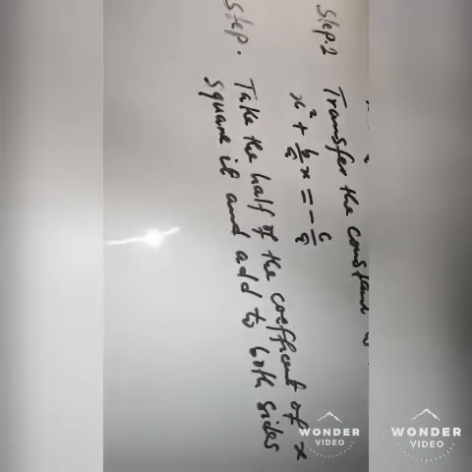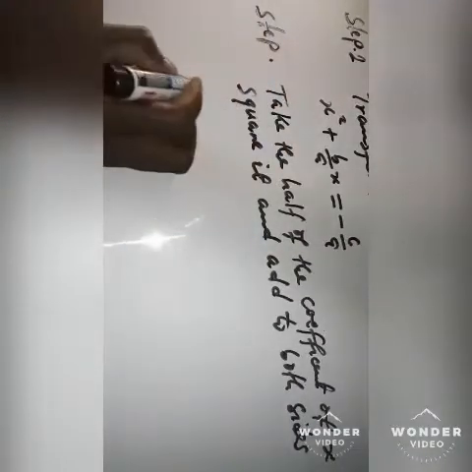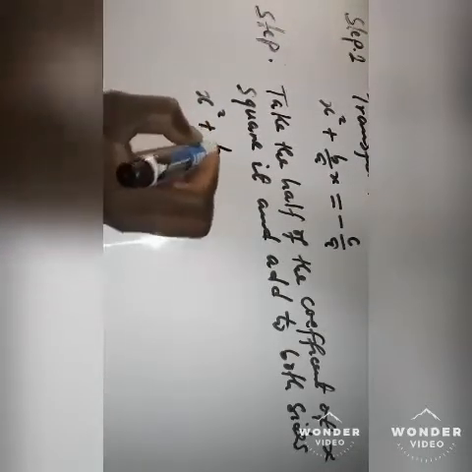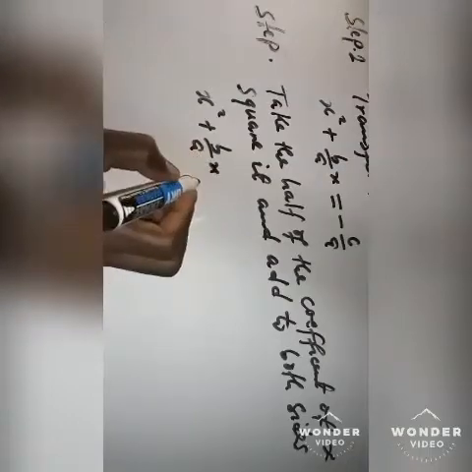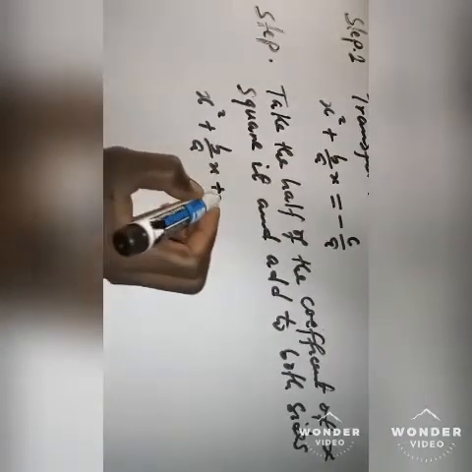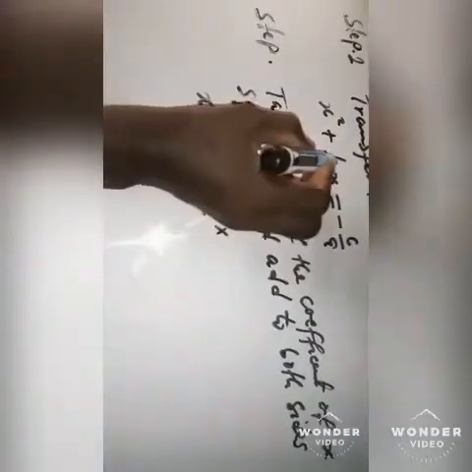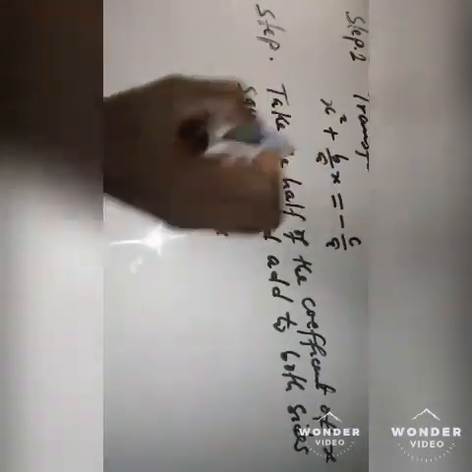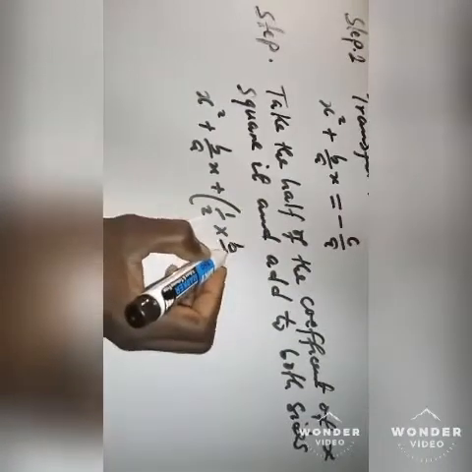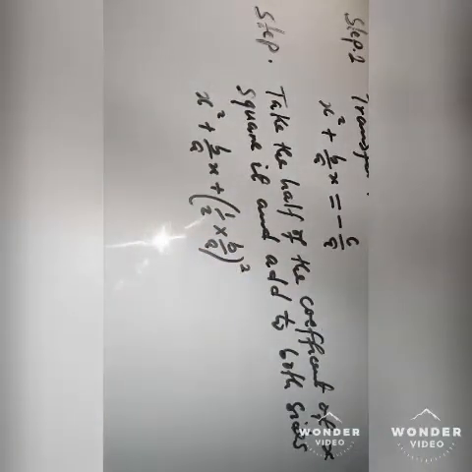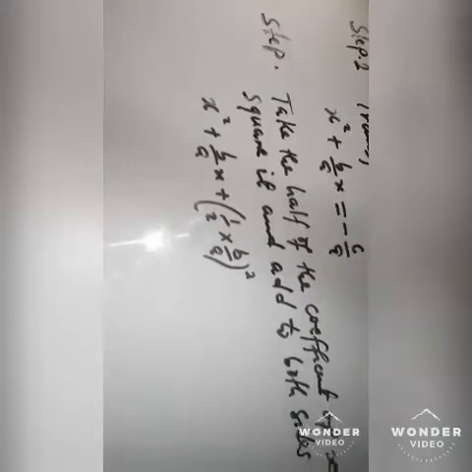Therefore, this equation is now going to change to x squared plus b all over a x plus 1 over 2 times the coefficient of x, which is b all over a, and square it, because that is what the statement says.